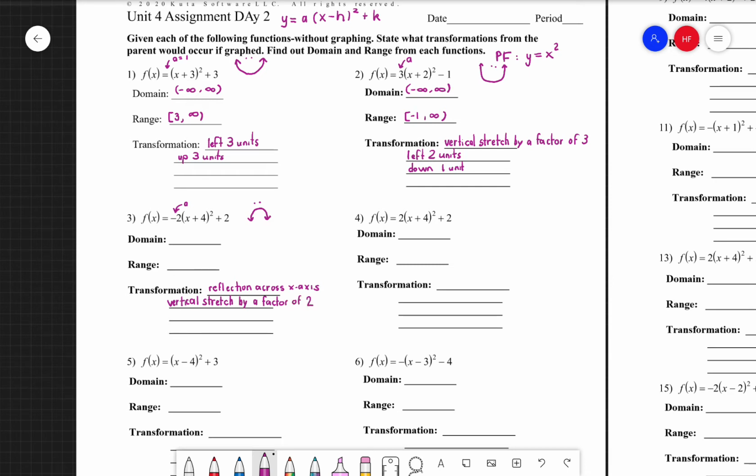Then plus 4 on the inside we think opposite, so we have, let's write the formal words, horizontal shift left 4 units, and then that plus 2 on the end, we take it as it is, so a vertical shift up 2 units.